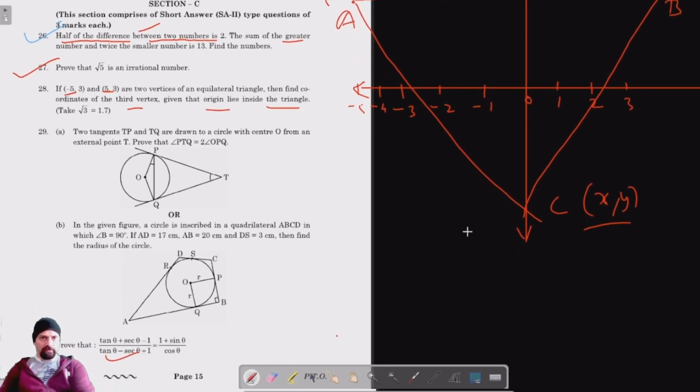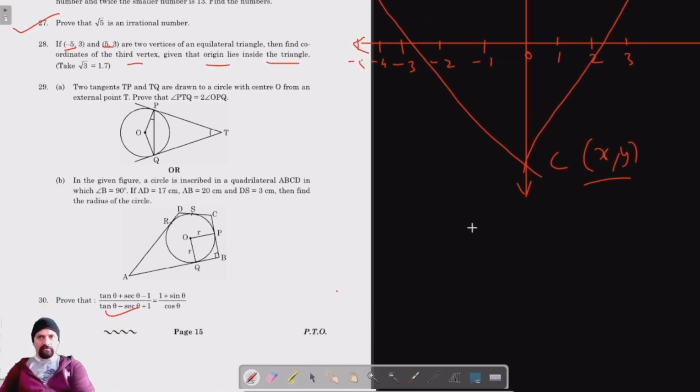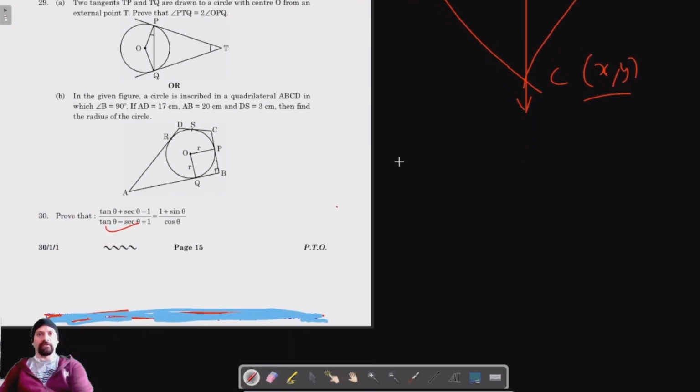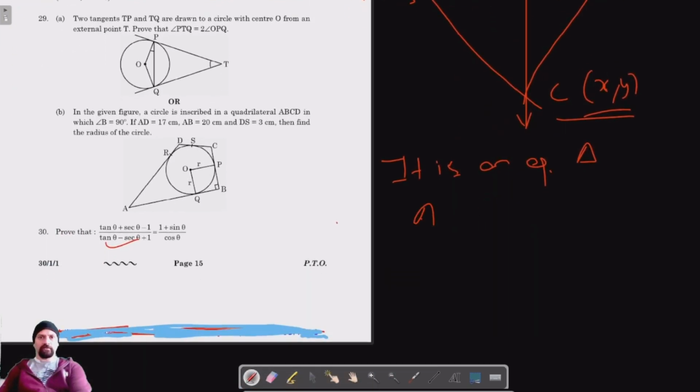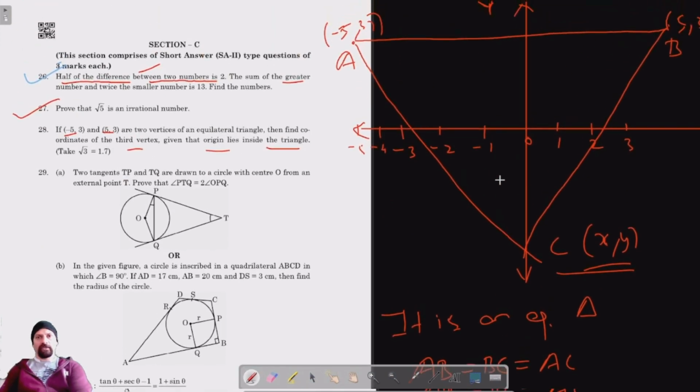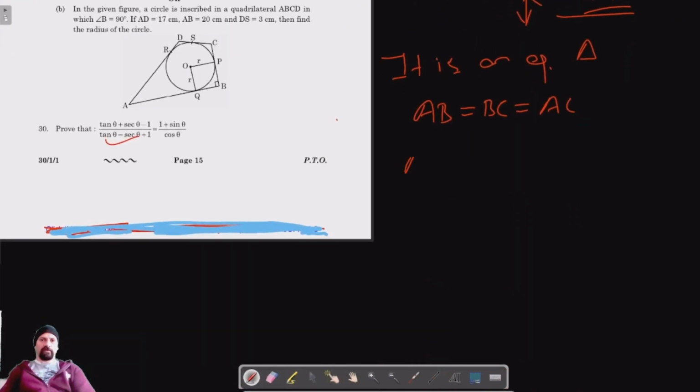Because it's an equilateral triangle, AB is equal to BC is equal to AC. For the third vertex, we have assumed the coordinates are (x, y). We can easily find AB.